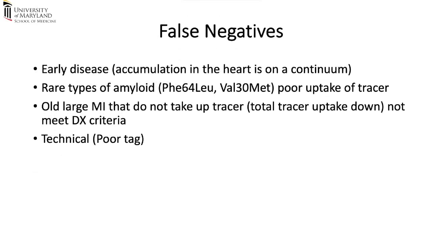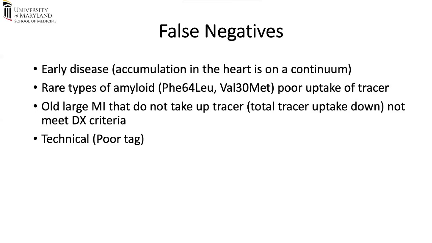So let's go over some false negatives. When do we miss this diagnosis? Early disease, we can miss this. Remember, the first day you get this disease, you've got one piece of protein. PYP is not going to attach to that one piece, and you're not going to be able to identify it. It's on a continuum, and where you catch the patient on that continuum tells you how positive your test is going to be.